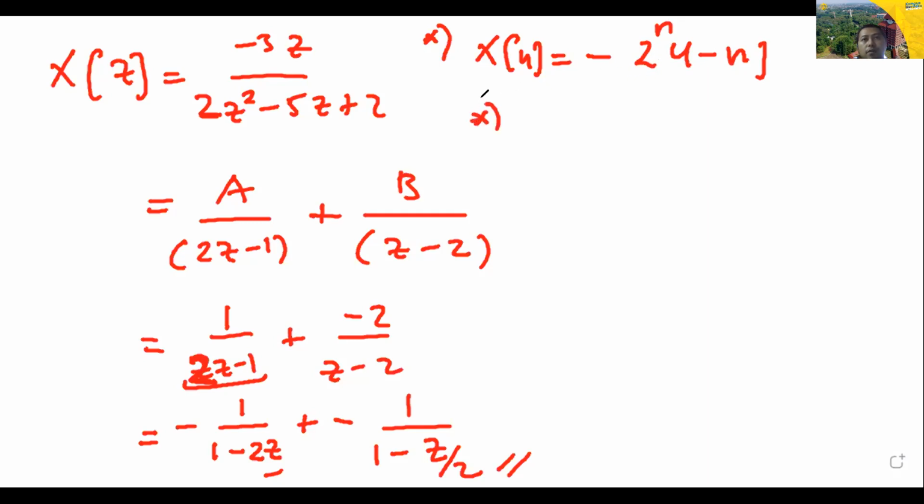And the second part, x[n] becomes minus one-half to the power n, this is u[-n] as well. Is it correct?